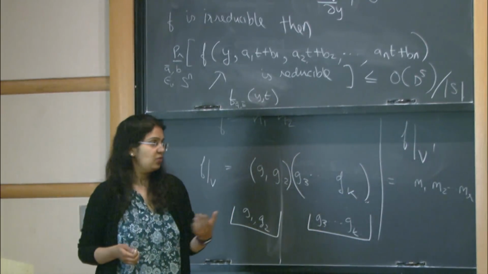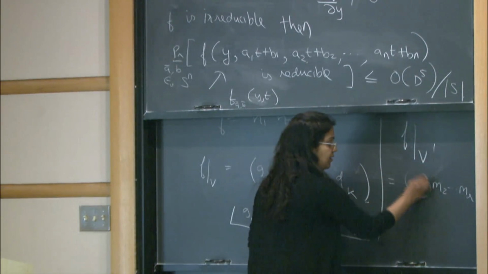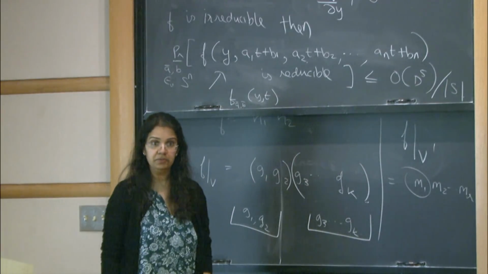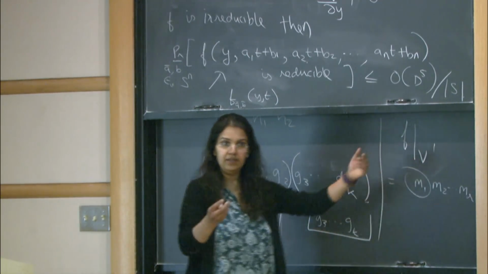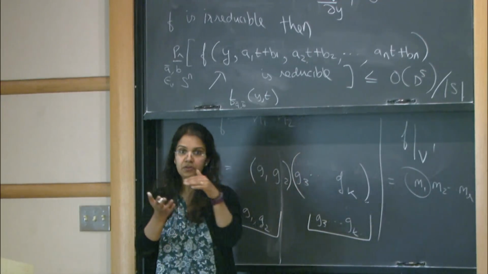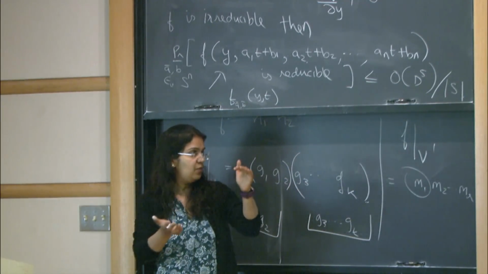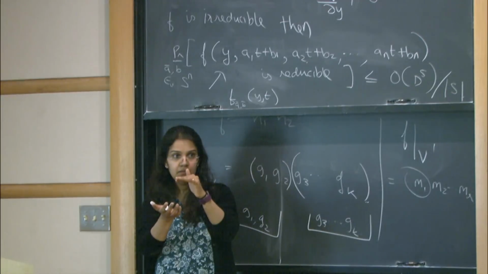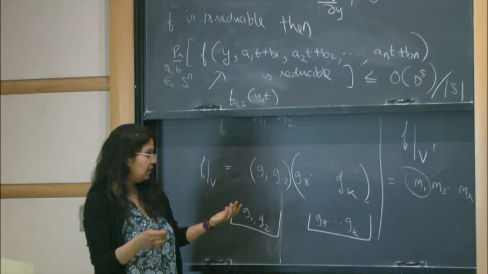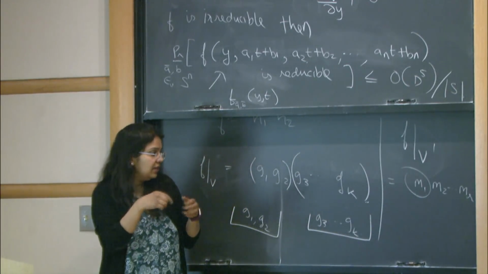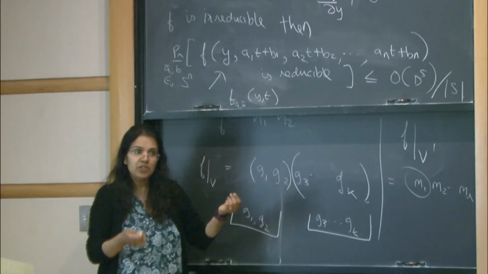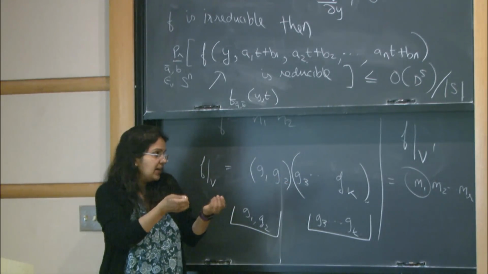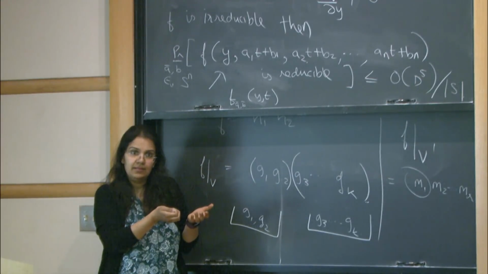And now I look at m1. Which bucket will it go into? So m1 is on v prime, right? To see which bucket it will go into, I project m1 down to v, and then once I project it down to v, it's going to be a product of some of these gi's. So it will go into the bucket which has those gi's.